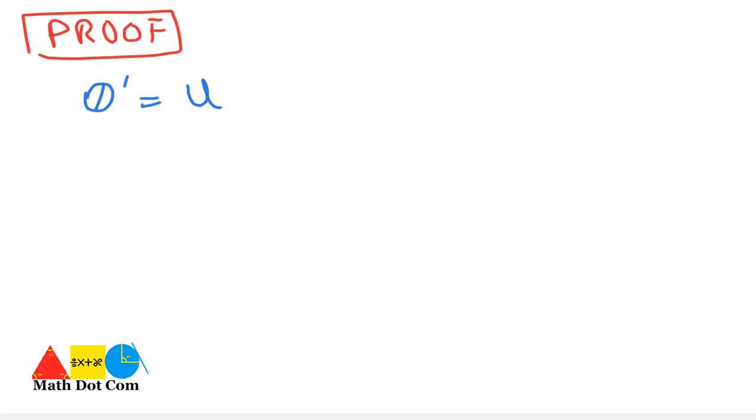Let's say we have a set A equal to an empty set, that is phi, and we take its complement. Now let's have a universal set of 1, 2, 3, 4.